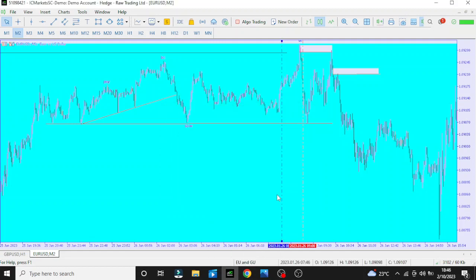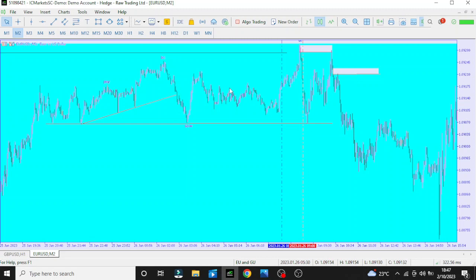You see, the price started to distribute during the Asian session, and Frankfurt opened and went on to sweep my high time frame high, and continued to add on these equal lows.